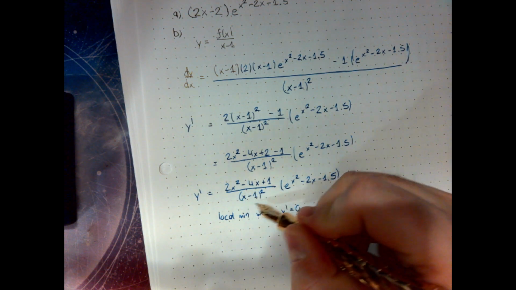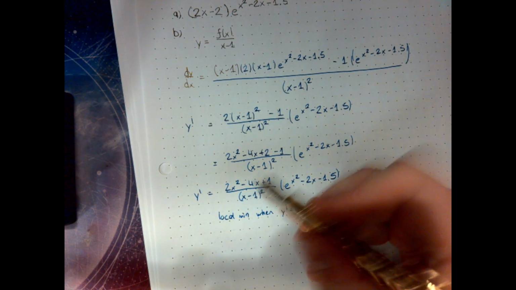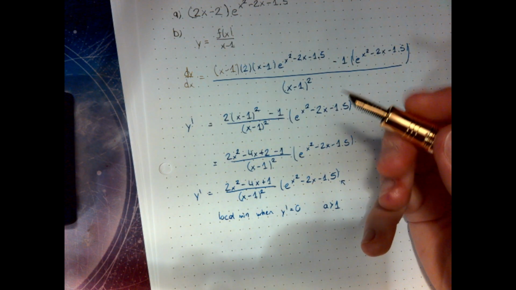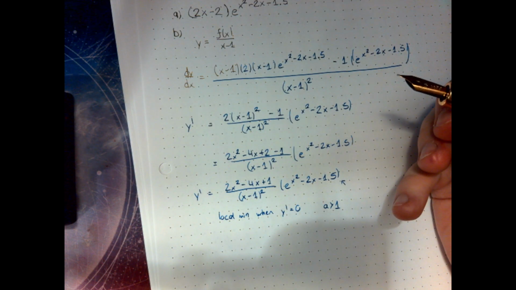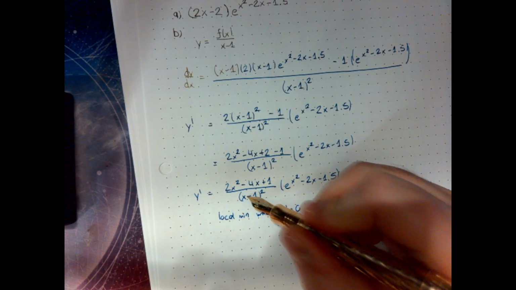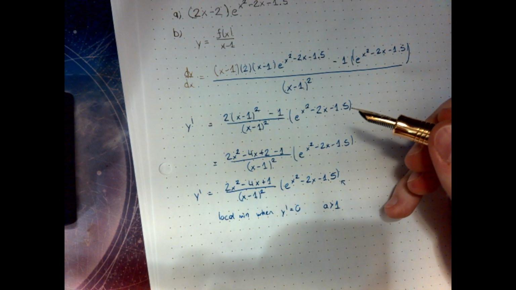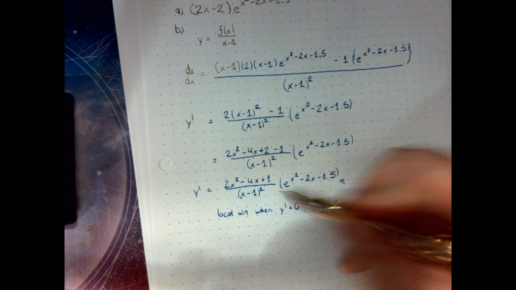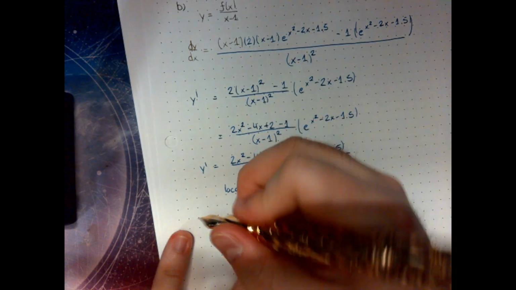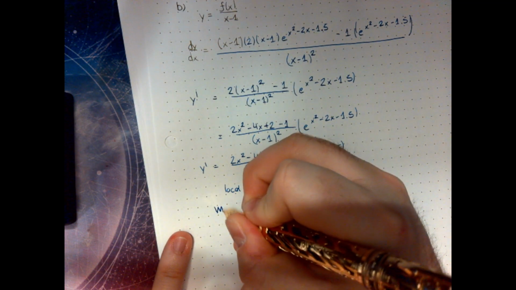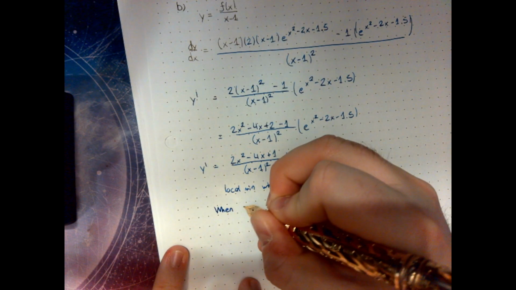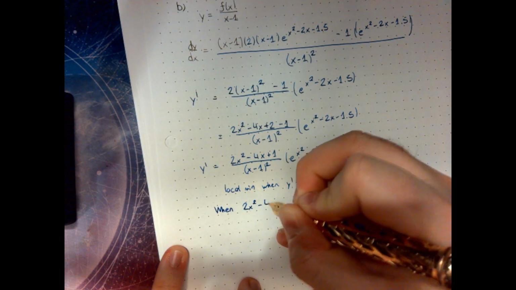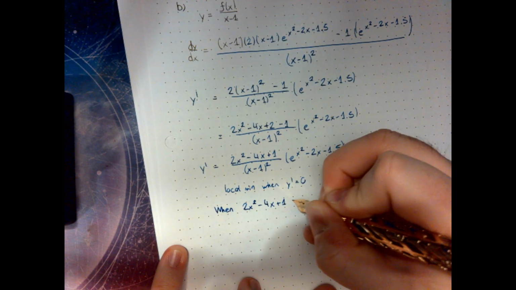Down here, I also don't have to consider, what do I have here? x could be 1, but then that wouldn't be when my first derivative is equal to 0. This would be when it's undefined, so I can disregard this as well. I only have to look at when 2x squared minus 4x plus 1 is equal to 0.